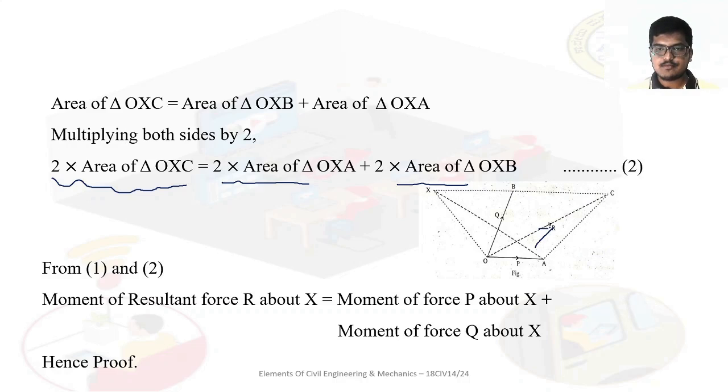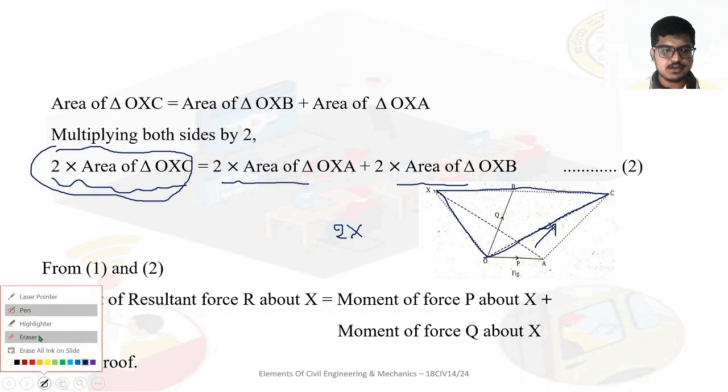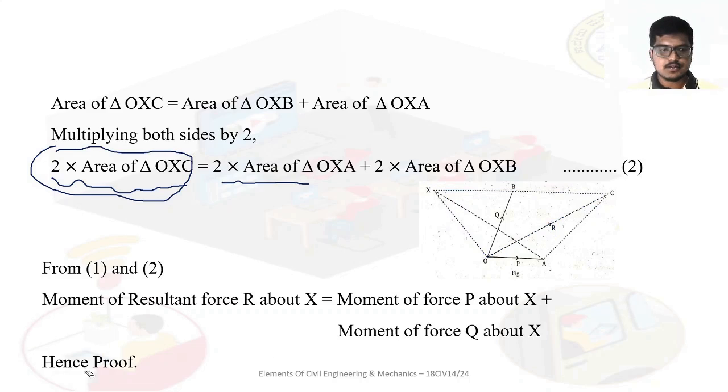Here see, the moment of R about x axis is 2 into area of this triangle, right? So what is this triangle? 2 into area of OXC.